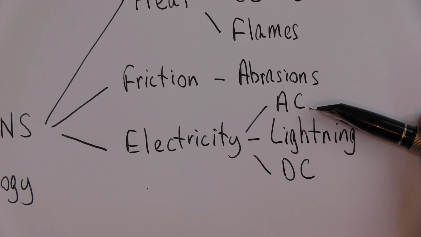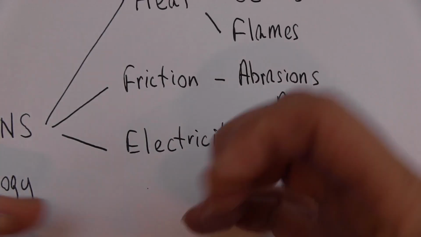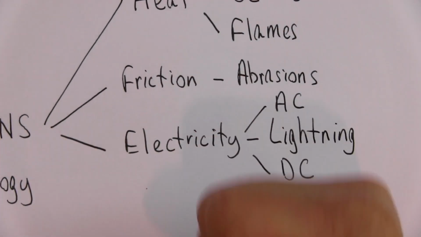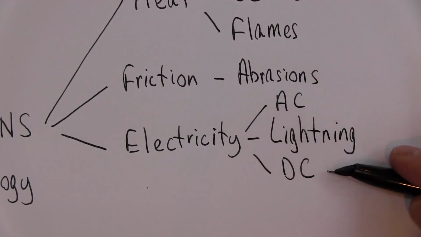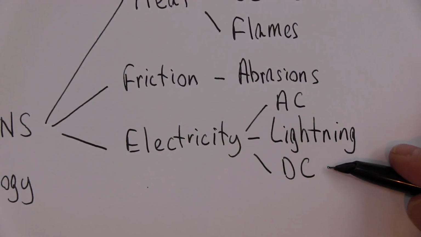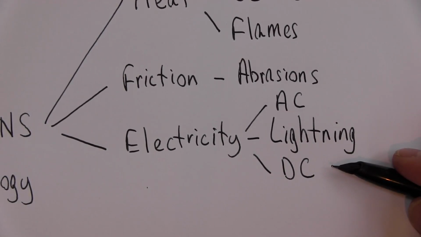But the problem with alternating current is when you're in contact with it, it can cause tetany, it can cause spasm, and you can be unable to let go of the object causing the electrocution. And of course, with electricity, we need to look for an entry wound, and we need to look for an exit wound as well.